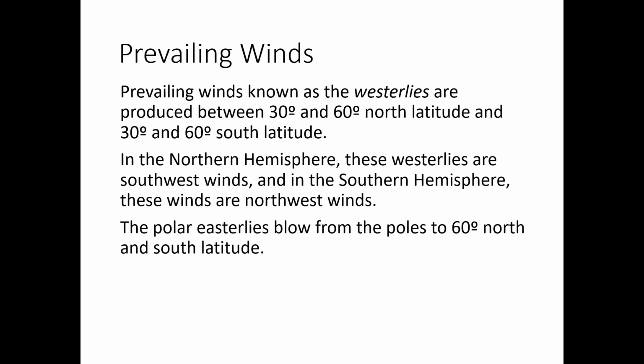And then you have the westerlies and the easterlies. The westerlies are produced between 30 and 60 degrees north latitude and south latitude. In the northern hemisphere, the westerlies are a southwest wind, and in the southern hemisphere, they're going to be a northwest wind. And then the polar easterlies are going to blow from the poles to the 60 degrees north and south latitude.